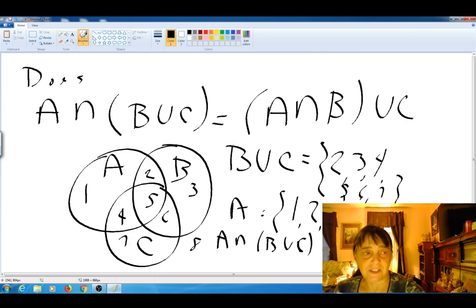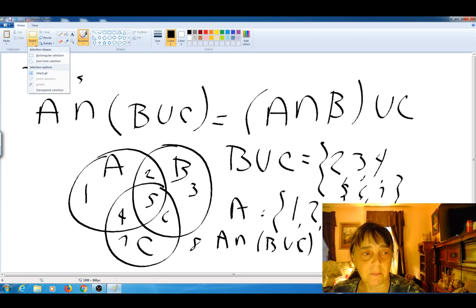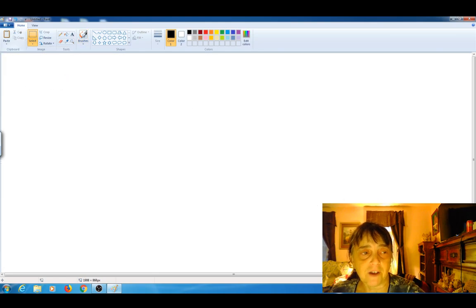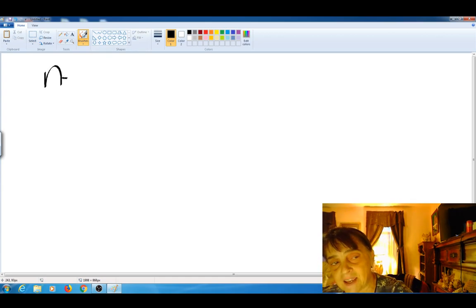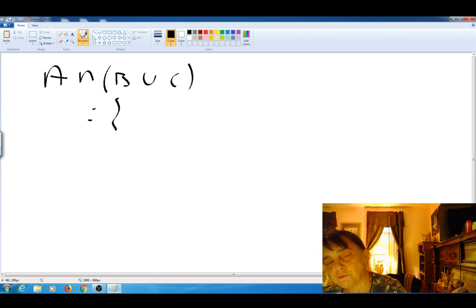Now that's the left hand side. Let's do the other side. Remember, this is 2, 4, 5. With the left hand side, A intersect B union C came out to be 2, 4, 5.